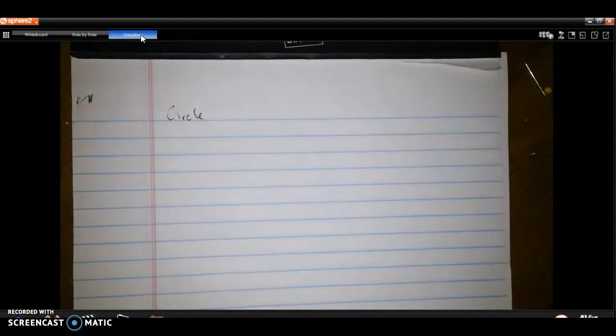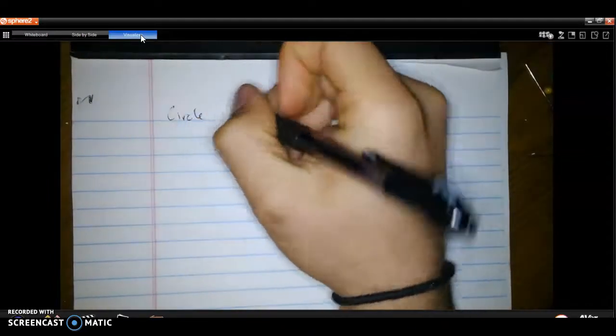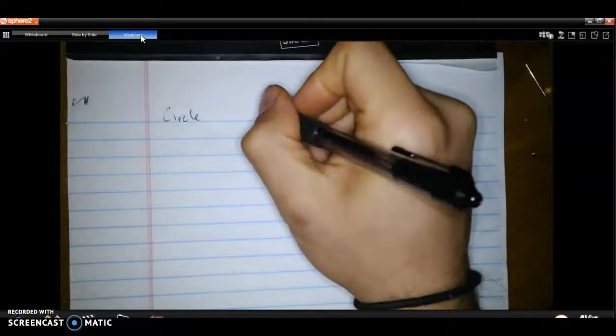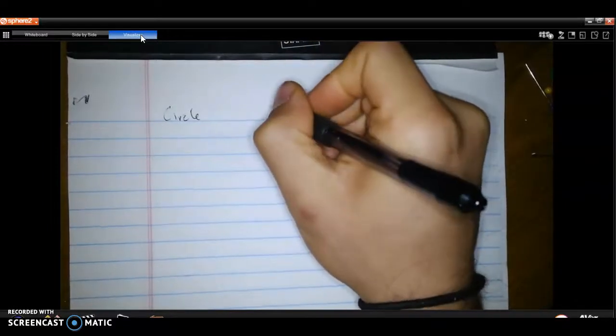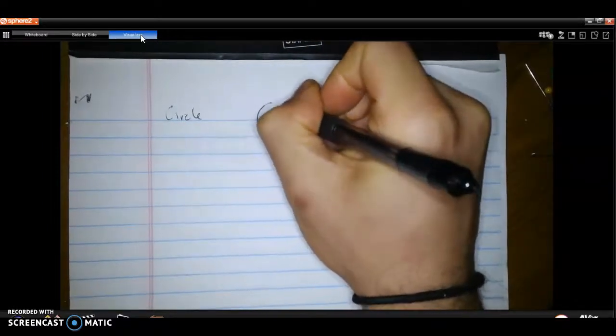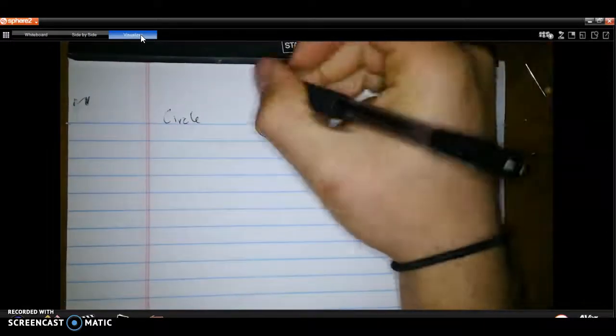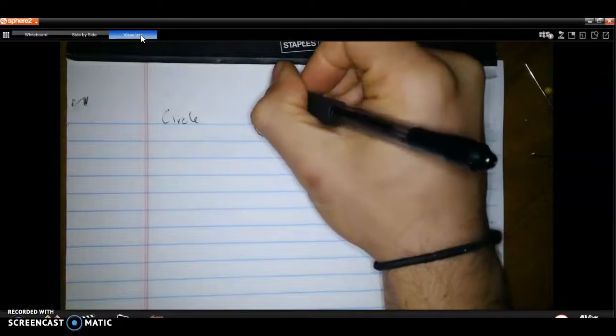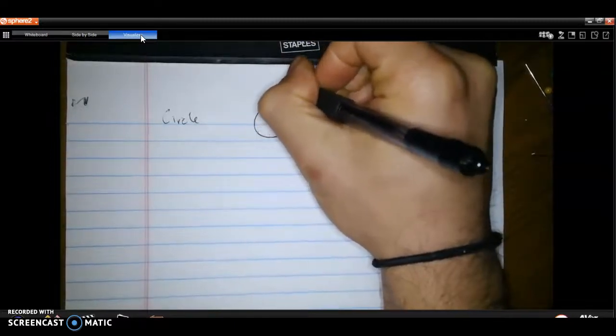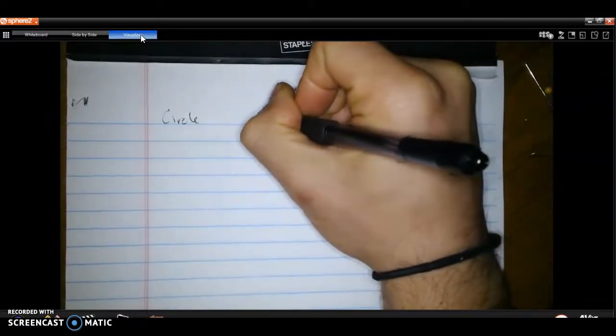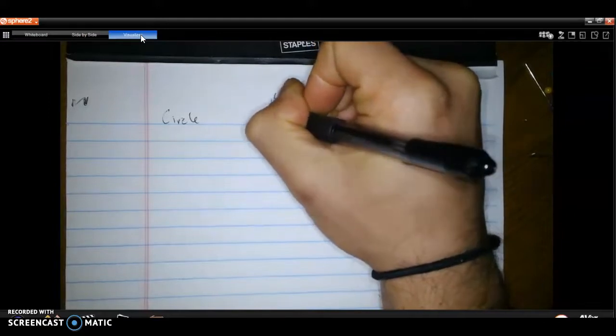When we're talking about circles, we've already looked at them a little bit in the last video, but there's really two main elements of a circle. You have the center, and then you have the radius.